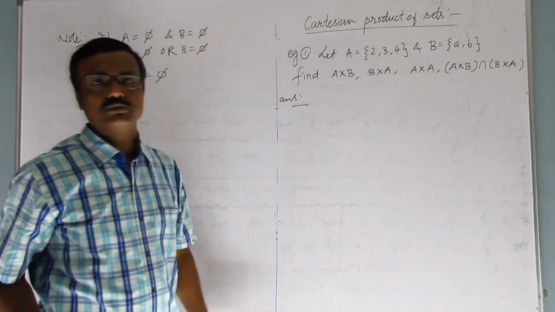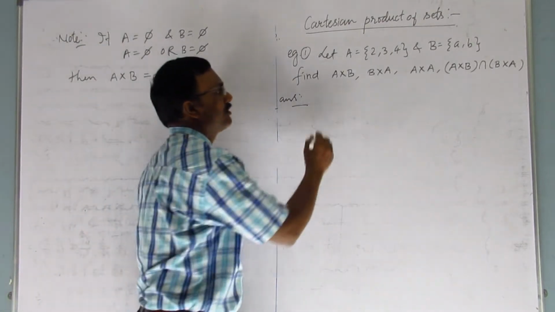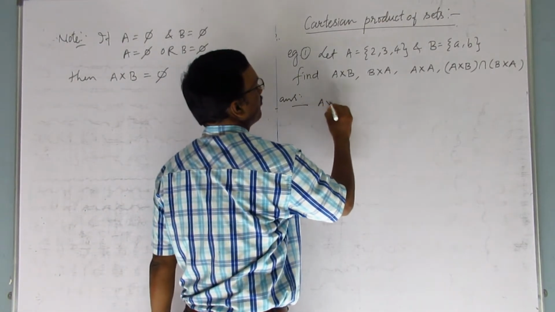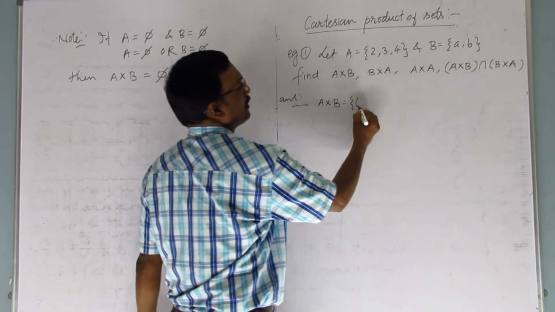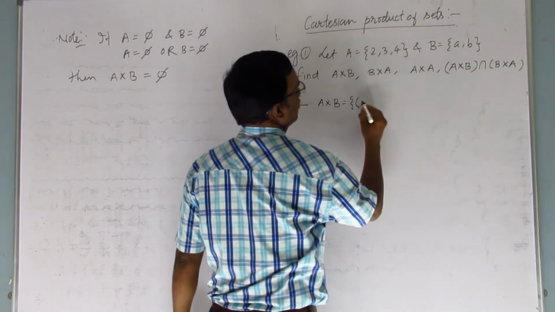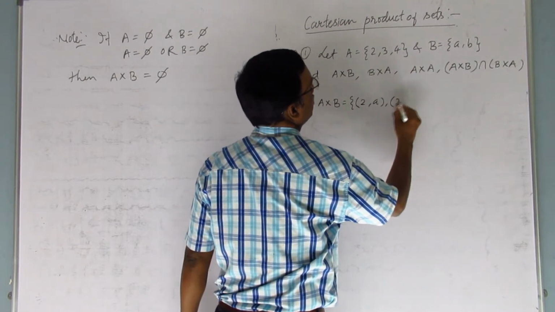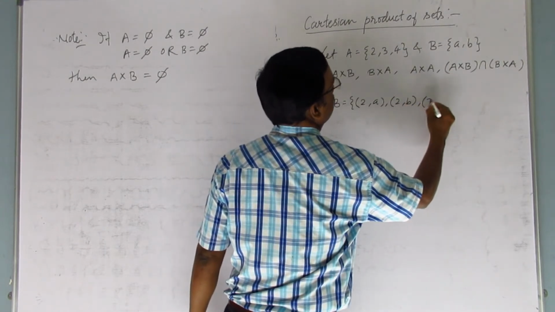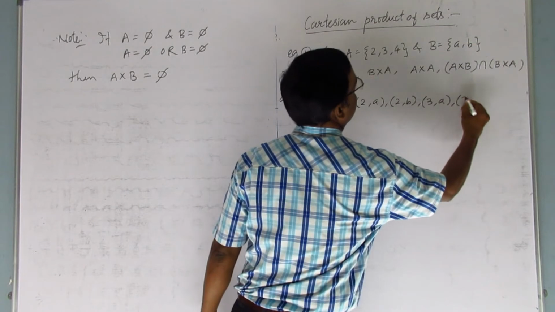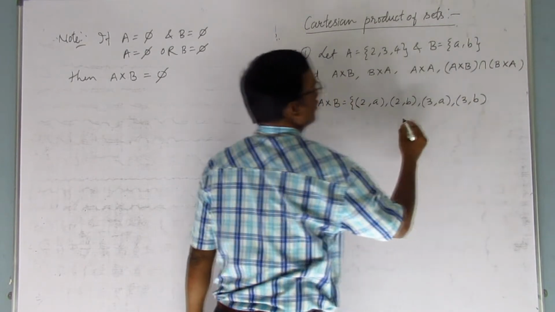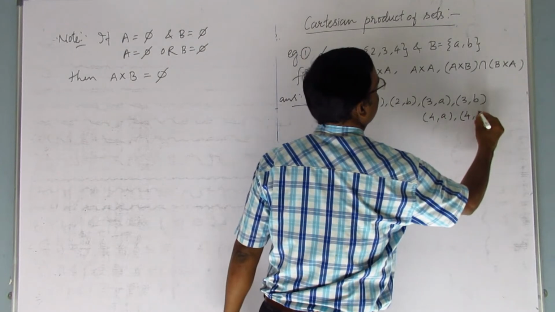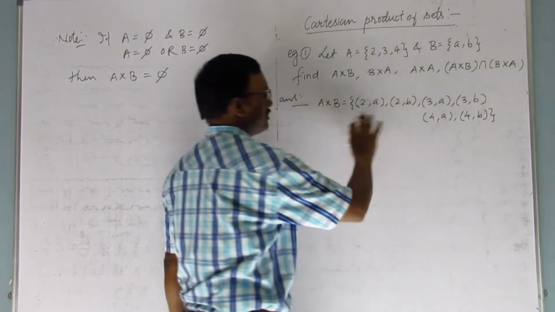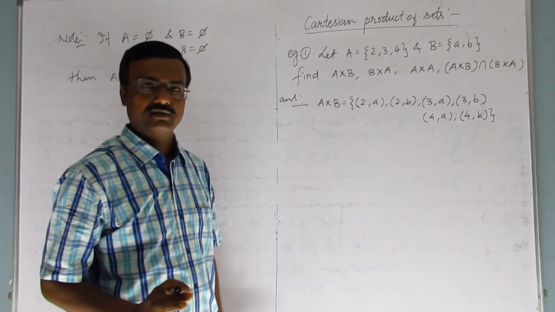These are all related to Cartesian products. So first, as per definition, A cross B: first pair (2, a), then (2, b), then (3, a), (3, b), (4, a), and (4, b). So this is A cross B, right?